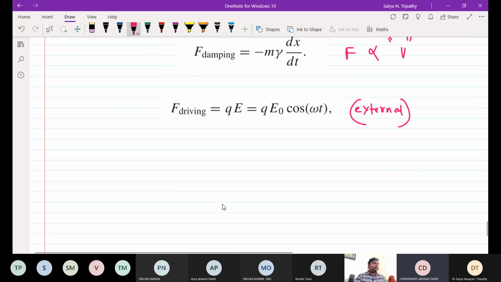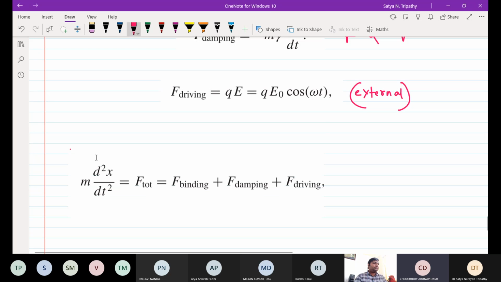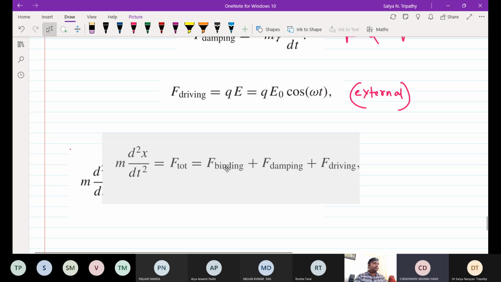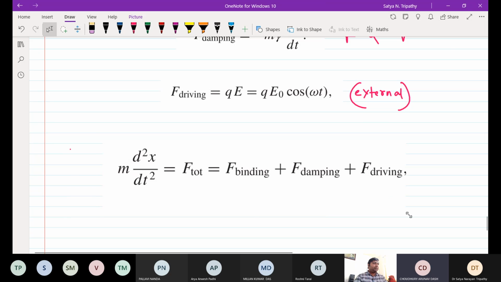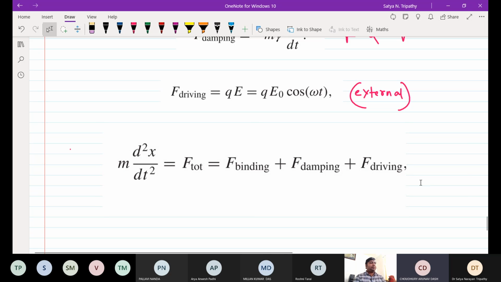Why did we remove the x part of the equation in this case? From the force, it's a function of t only. Why did we remove the kx part? It is there. The binding energy is there. So this is actually m omega square x, right?